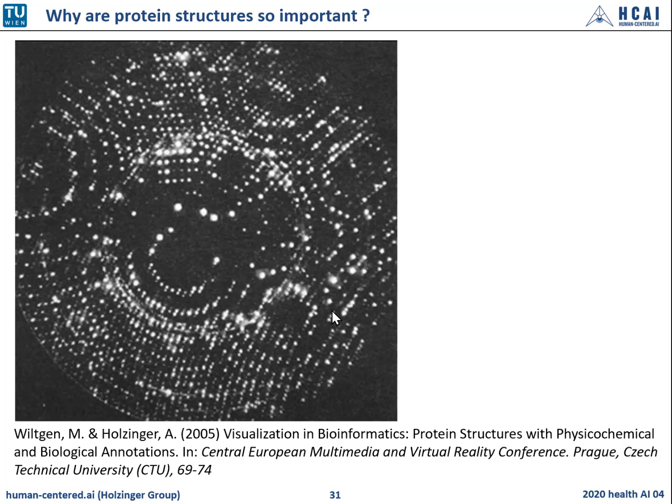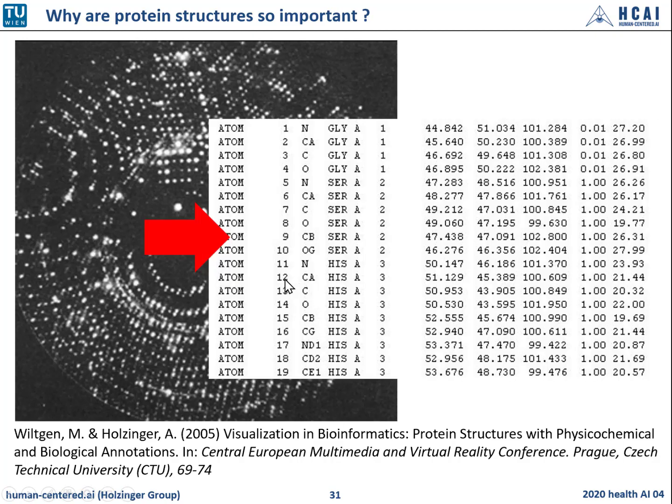And once the atomic coordinates of the protein structure have been determined, you can put them in a table. You see this here. A table of these coordinates is deposited in large protein databases, called PDB. And this is quite important and quite large.